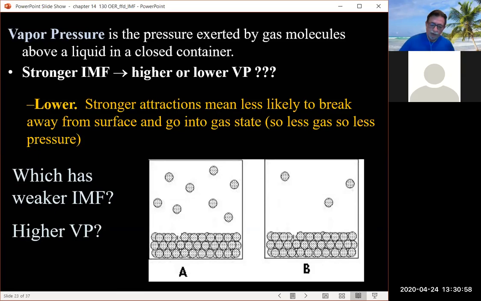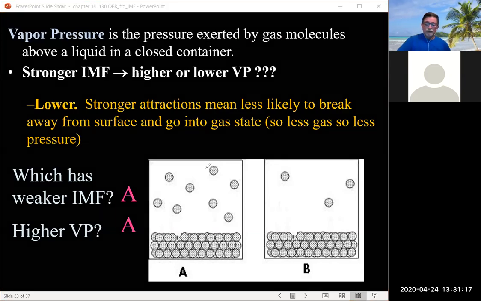Good example right here, okay? By looking at the diagram, they ask you which is the weaker IMF, and that would be A, which will have the higher vapor pressure. That will also be A, okay? Because if we look at the molecules that are in the air in vapor phase, there's quite a bit compared to B, okay?